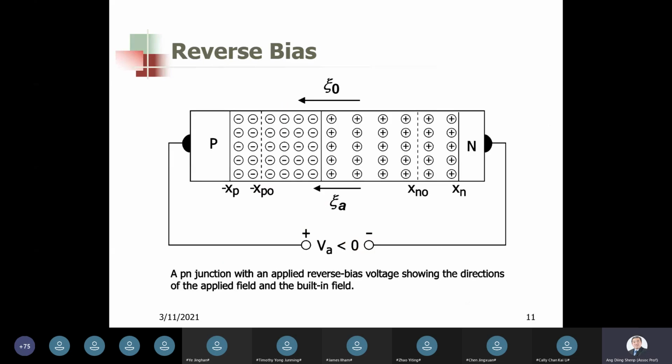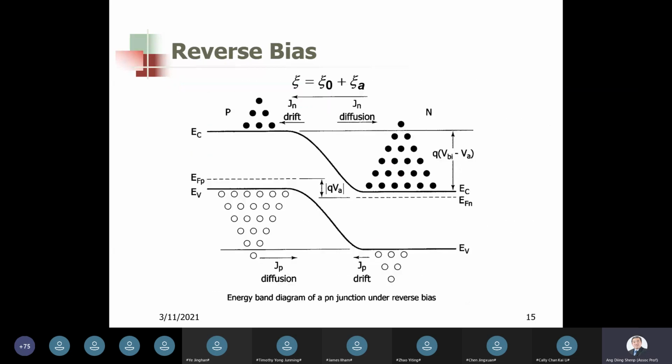Now, what about under reverse bias? Under reverse bias, we have minority carrier extraction across the junction. In other words, minority carriers from the P side, for example electrons from the P side, are pulled over to the N side. As a result of this extraction, the concentration of minority carriers, or electrons, in the P side decreases below the thermal equilibrium value.